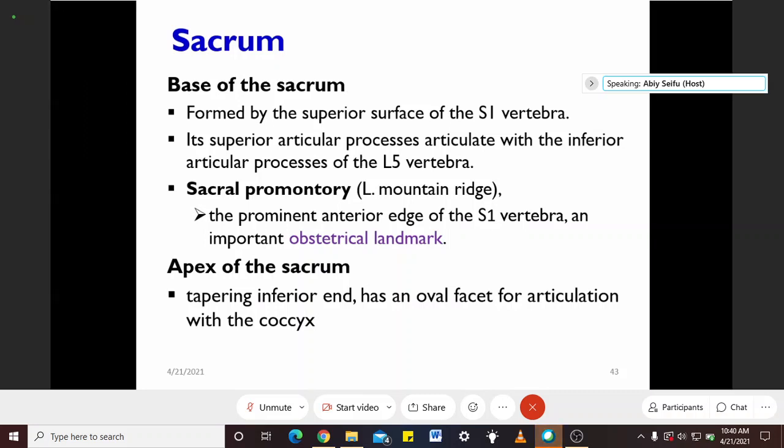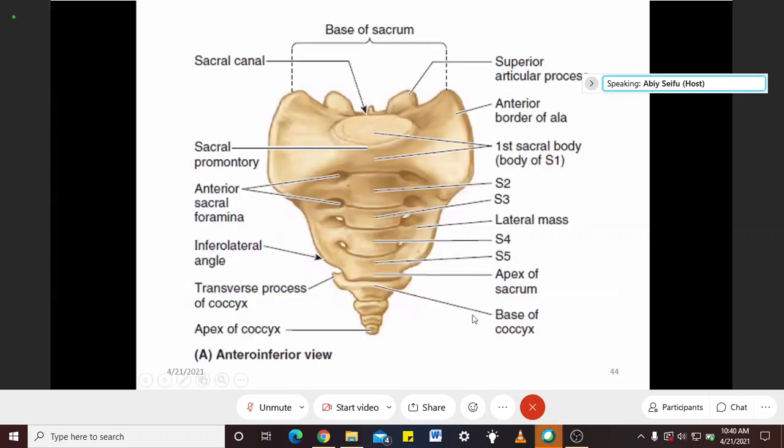Now the apex of the sacrum faces inferiorly toward the coccyx, and it tapers and has an oval articular facet that articulates with the coccyx. Look, this one is the anterior surface of the sacrum between the hip bones, and inferiorly there is also the coccyx.